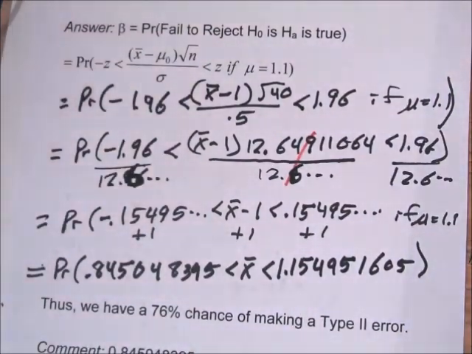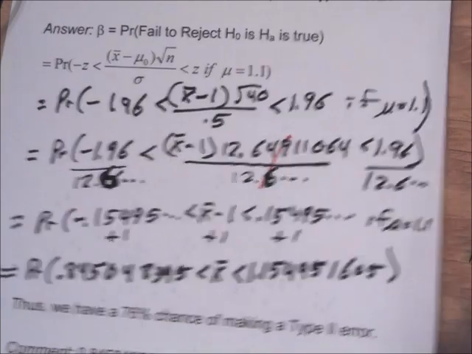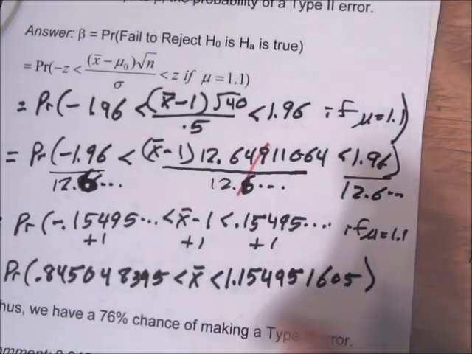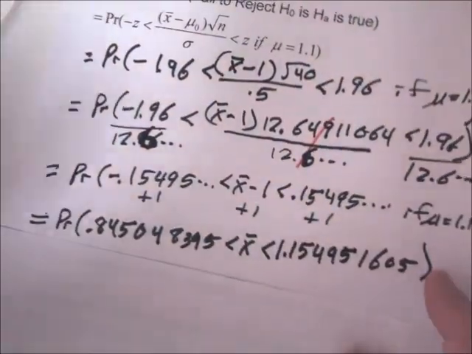Okay, so now we can make this into a z-score by subtracting the mean divided by standard deviation. And we're assuming that mu is equal to 1.1. So here's where our assumption comes into play, that mu is equal to 1.1.